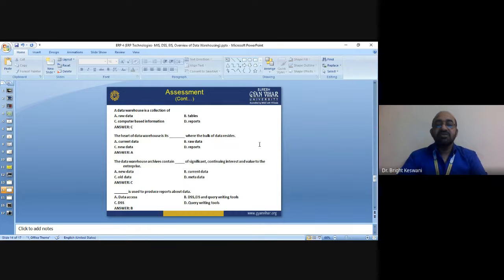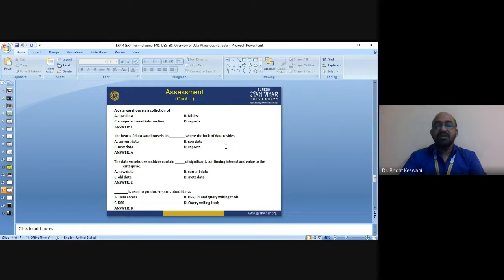A data warehouse is a collection of what? Raw data, tables, computer based information, or reports. The right answer is C, computer based information. The heart of data warehouse is its dash where the bulk of data resides. A. Current data. B. Raw data. C. New data. D. Reports. The right answer is A.